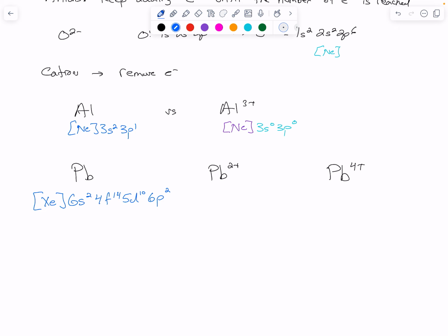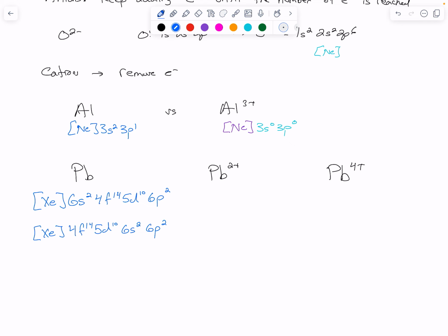Now, some books will rearrange this and put it in what we call stripping order. So they'd put the 4f14 because that's the lowest n, then 5d10, then 6s2, and then 6p2. Because the p electrons come off first, then the s, then the d, then the f. So if we were taking electrons, that's how they would go.